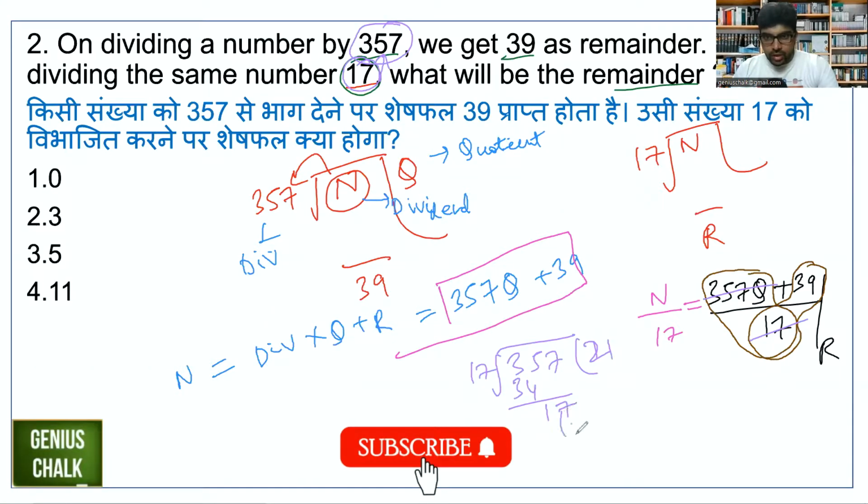So 17 ones are 17, of course, 0. That means remainder is 0 here. Now I can go ahead with the question. So 39 divided by 17, 17 twos are 34, and the answer is 5. Remainder is 5. So guys, this is the trick also of this question.